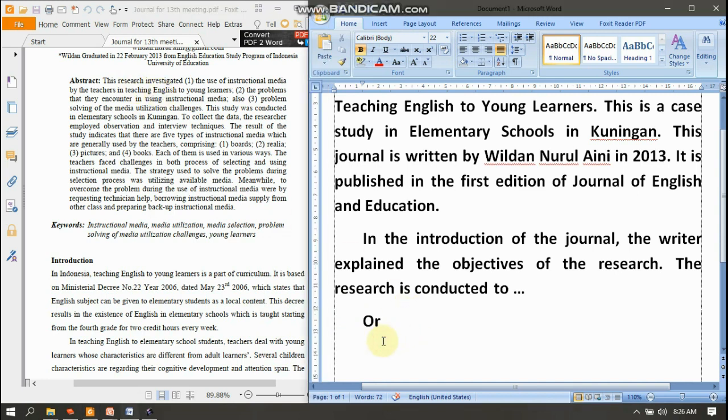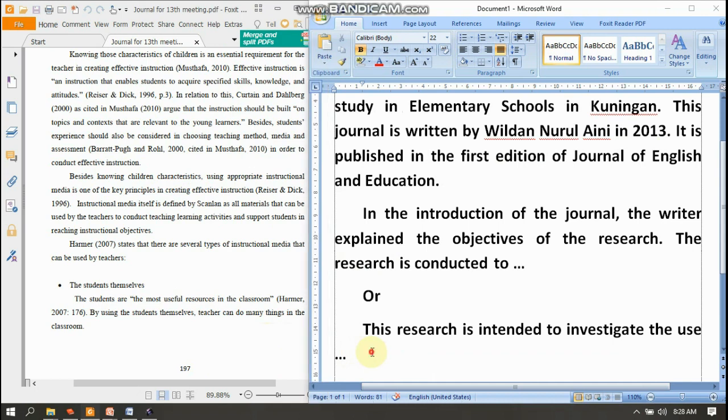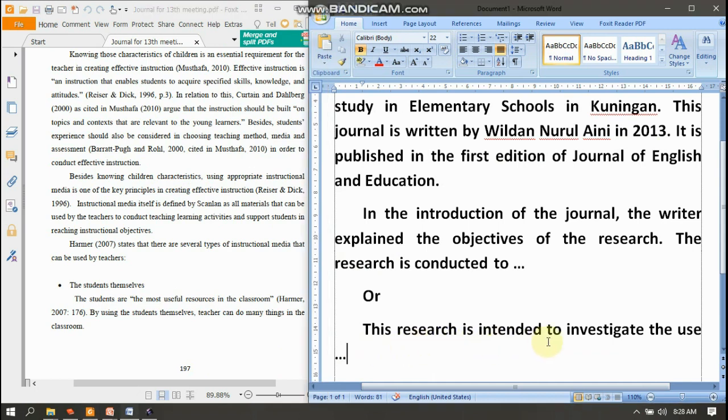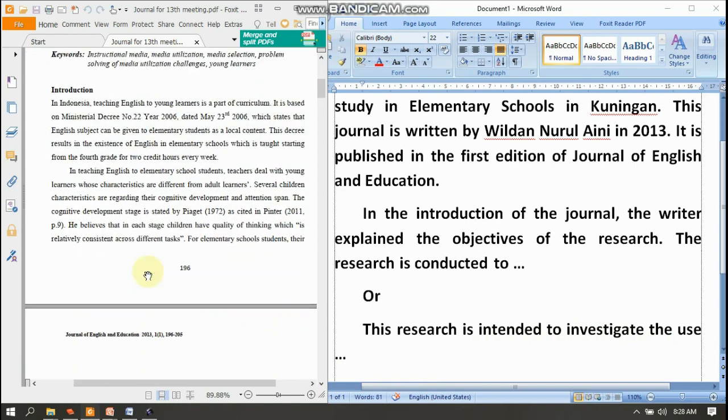Or the other option, you can write the second paragraph straight to the point, just like the abstract here. Here is the example. This research is intended to investigate the use of blah blah blah, just like the abstract.